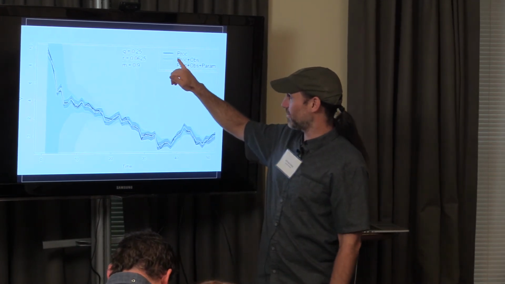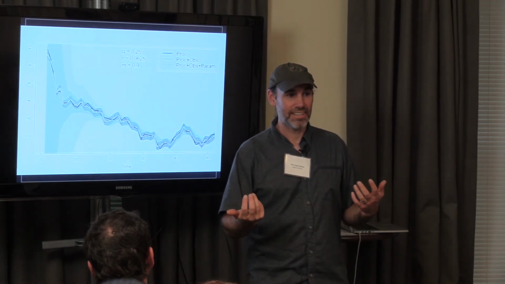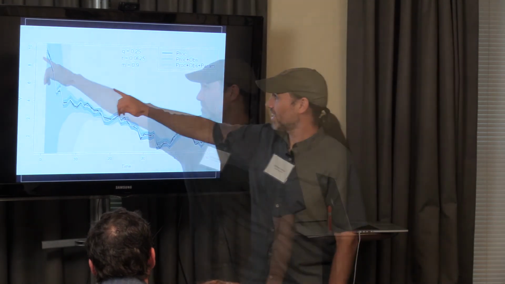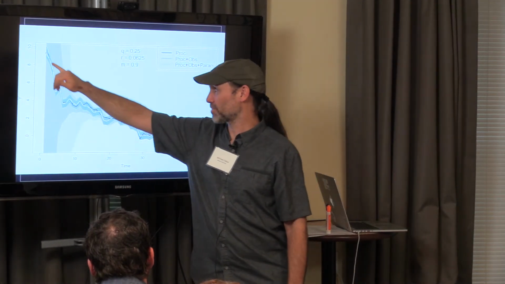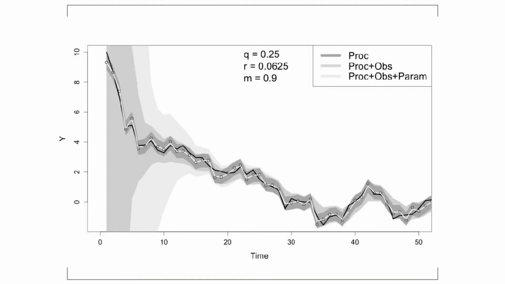The first thing I did is I said, well, that assumption that process error is known is the least tenable of all these assumptions. So I wanted to fit that. And it turns out if I treat that as an unknown, I get something that essentially converged to the same thing as the Kalman filter so quickly that they're essentially on top of each other. I then said, well, what if the process and observation error are both unknown?